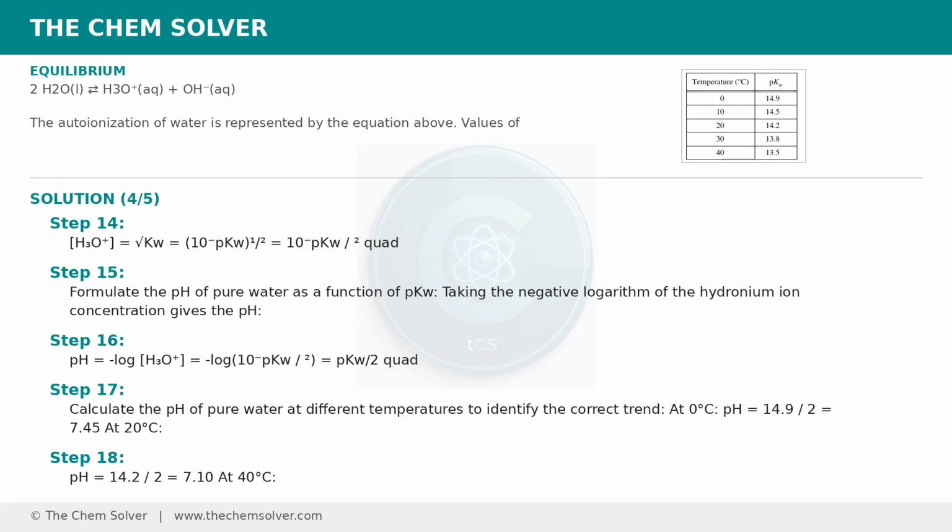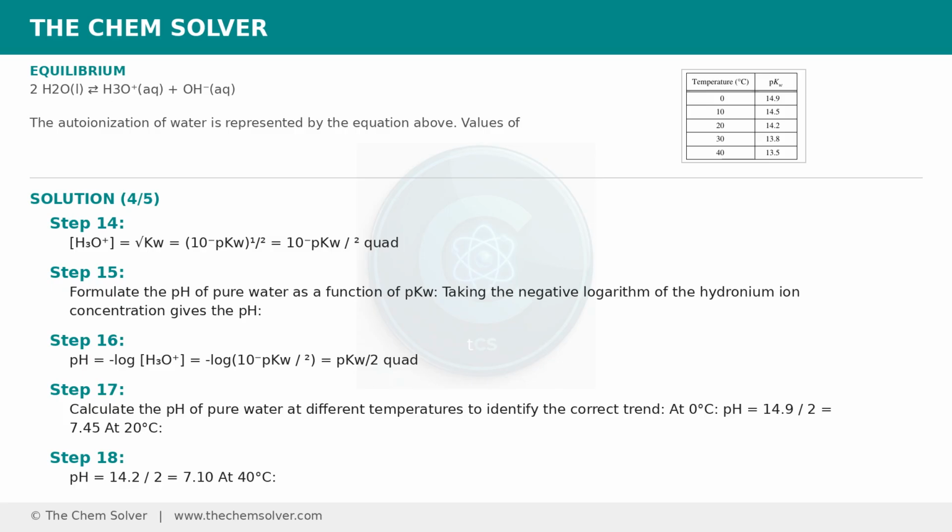Calculate the pH of pure water at different temperatures to identify the correct trend. At 0 degrees Celsius, pH equals 14.9/2, which is 7.45. At 20 degrees Celsius, pH equals 14.2/2, which is 7.10.